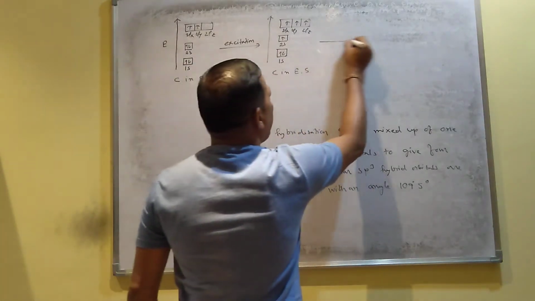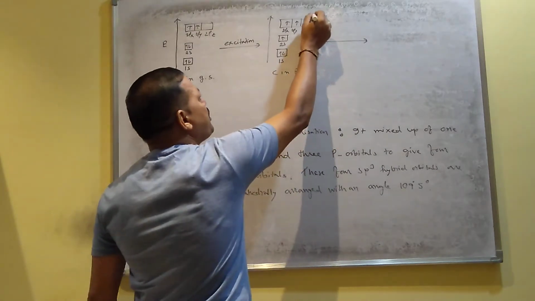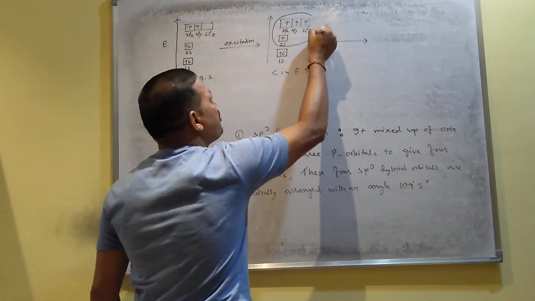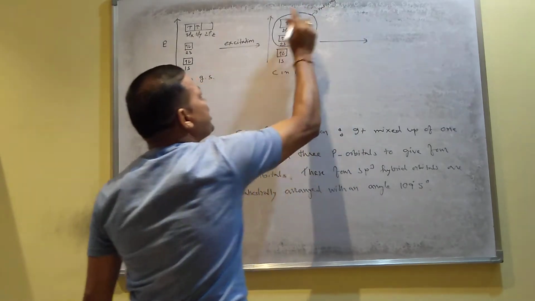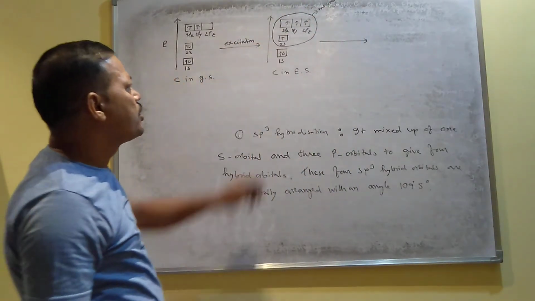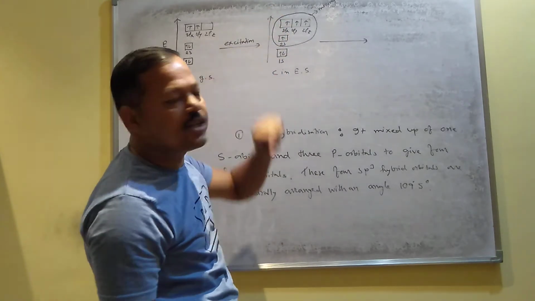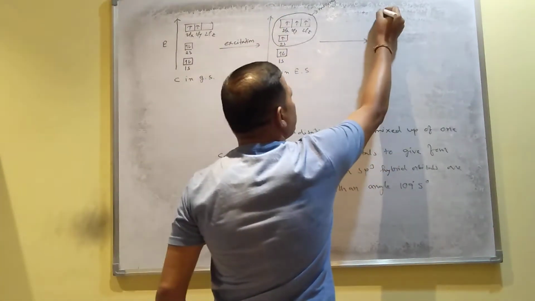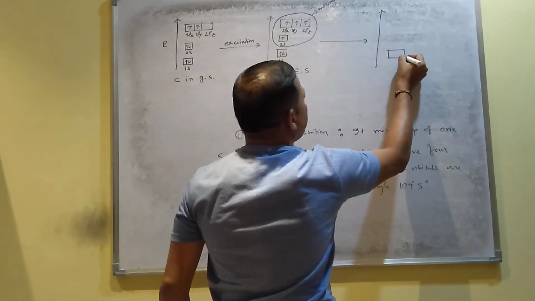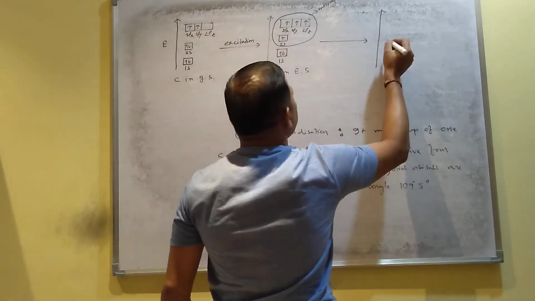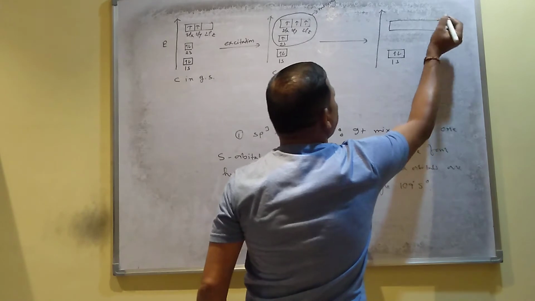So this is the electronic configuration of carbon in ground state, and this is the configuration of carbon in excited state. After that, the mixing will take place between this s orbital and these 3 p orbitals. This is called intermixing of orbitals, and this mixing is called hybridization. So here one s orbital mixed with 3 p orbitals, that's why the hybridization is called sp3. After mixing, 1s will remain the same with 2 electrons, and they will form 4 hybrid orbitals of equal energy.